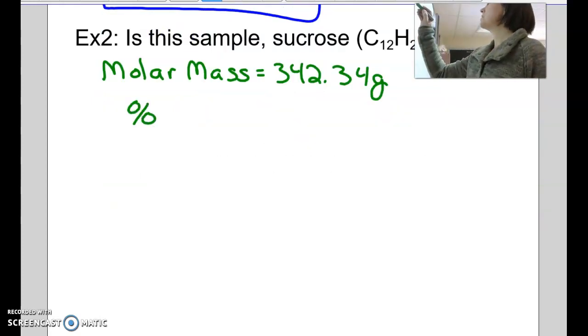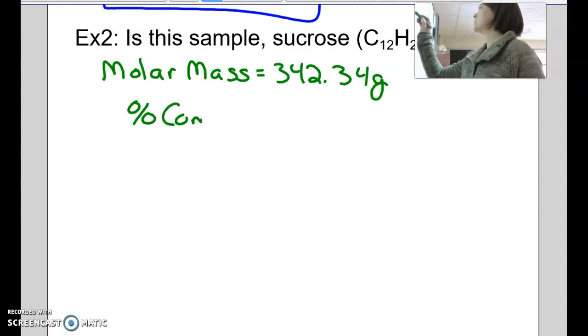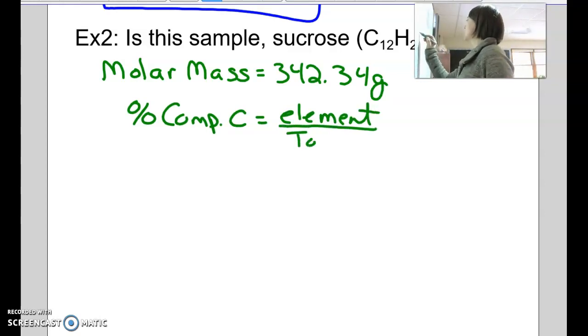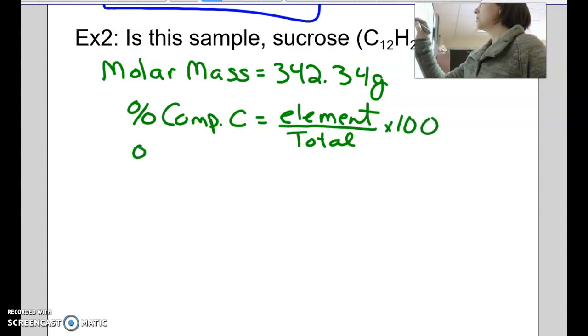So the percent composition of carbon equals our element over our total times 100%.